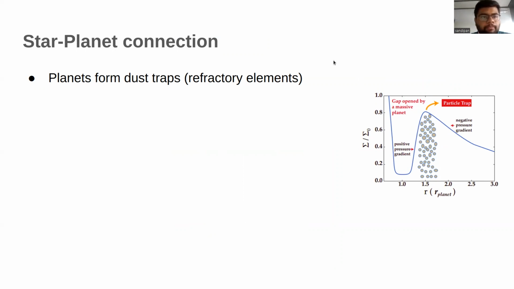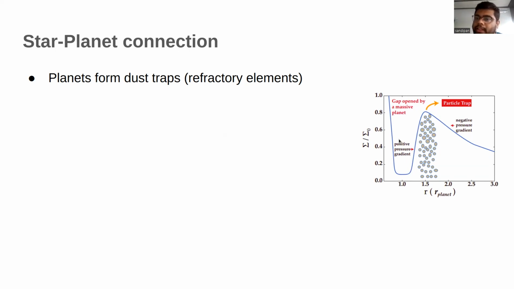Okay, so how does it relate to my work? What I'm working on is called the star-planet connection. The idea is simple. If there is a planet which is rotating around a star, and that star also has a protoplanetary disk around it, the planet which is moving around the star will sweep away all the gases and dust present in its particular circumference.